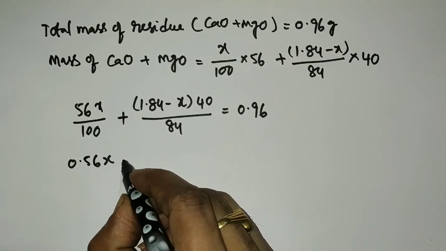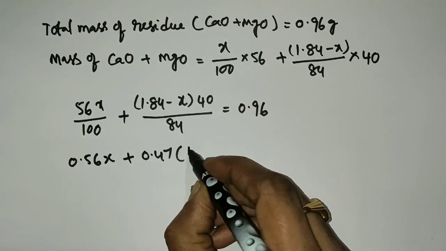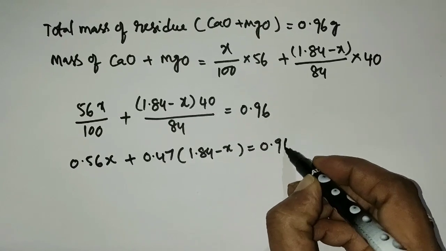0.56x plus 0.47 into 1.84 minus x is equal to 0.96.